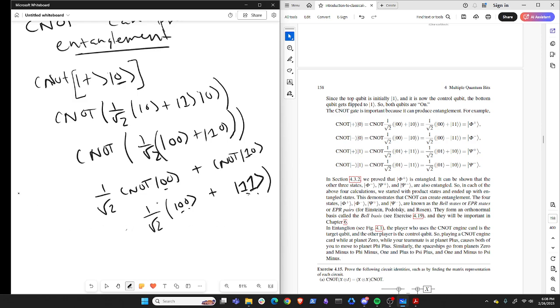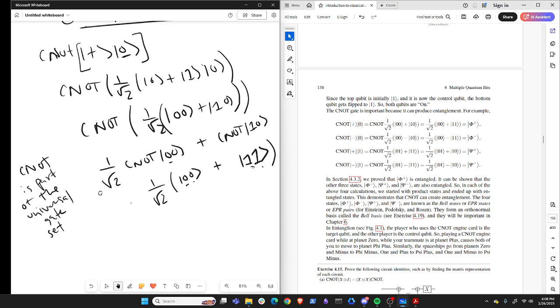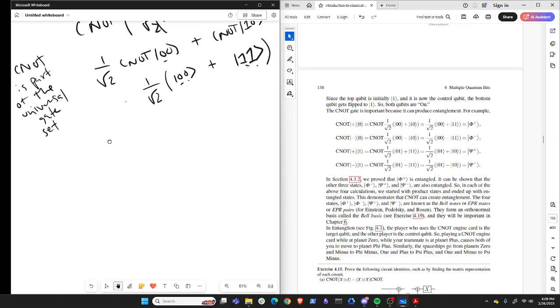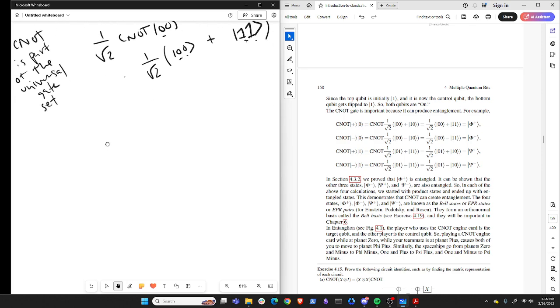So something that we'll look into is, C0 is part of the universal gate set because it can do that. The universal gate set has some various things that have to be true about it in order to be universal. It has to be able to create superpositions. It has to be able to create entanglement. It has to be able to deal with complex numbers.